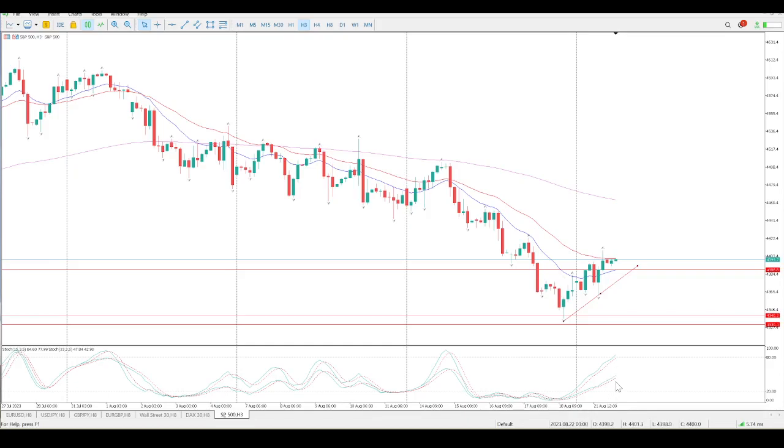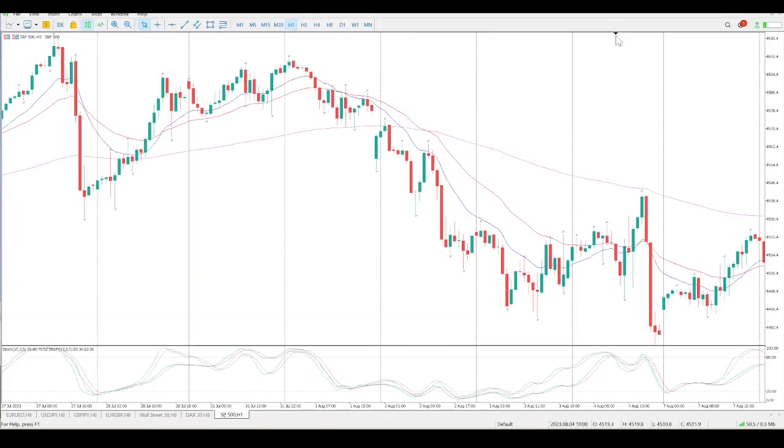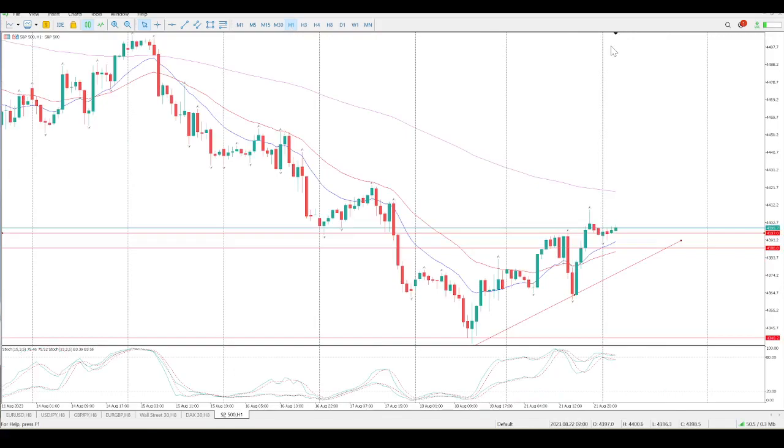Look at my oscillators, very strong to the upside, but we are in a zone which could influence price, and we have a few bars above this pin bar that we have here. So what you need to do is drop down to the hour, and you're looking to see where is the next bit of structure here, and even that doesn't really help us at all.